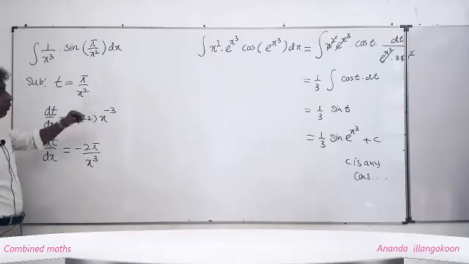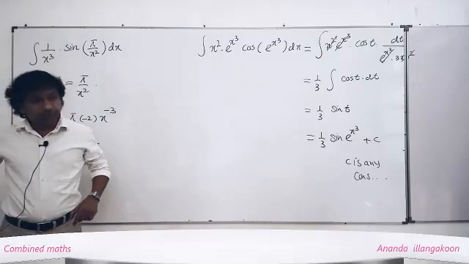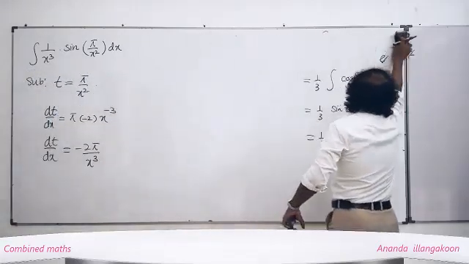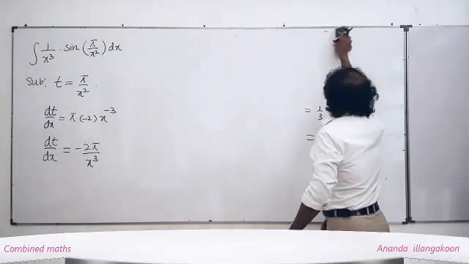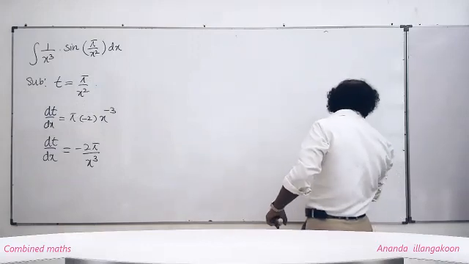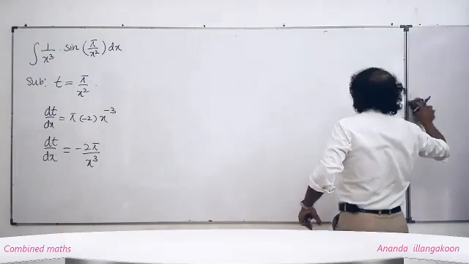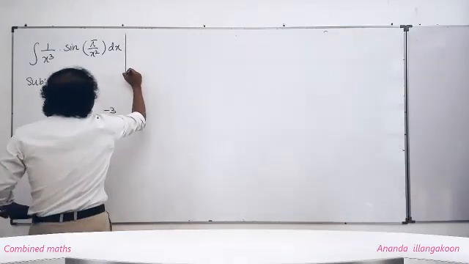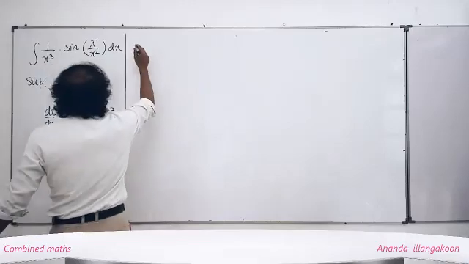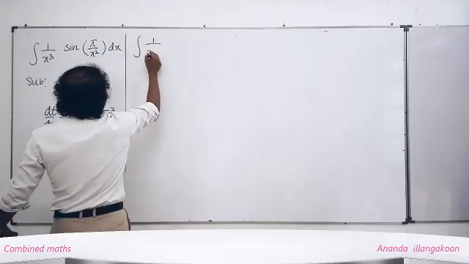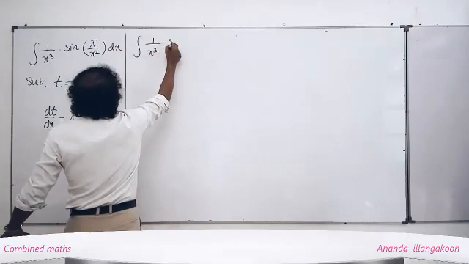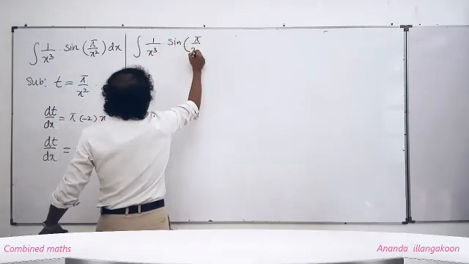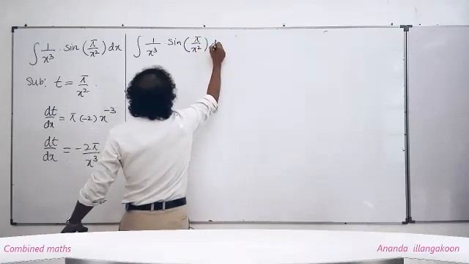Now come to the question, put that there. Then we get here 1 upon x cube sine of pi by x squared.